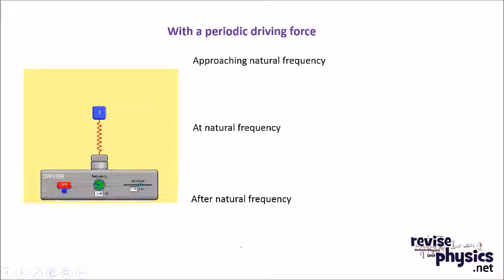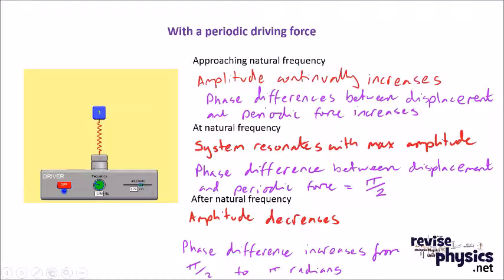So approaching it, the amplitude increases, and the phase difference between the displacement and the periodic force also increases. The driver starts to lead. When you hit the natural frequency, that's when you get your resonance, and that is when you are having the maximum amplitude of your oscillations.